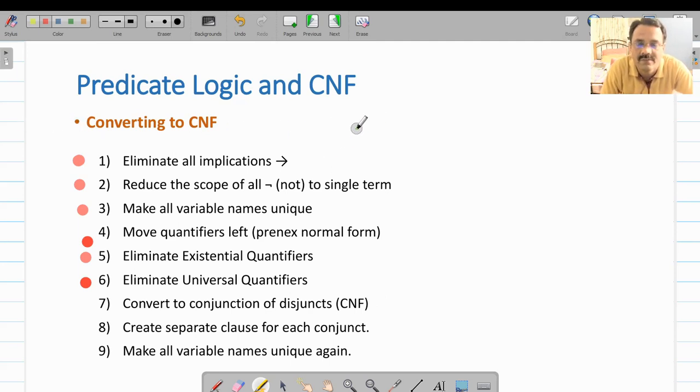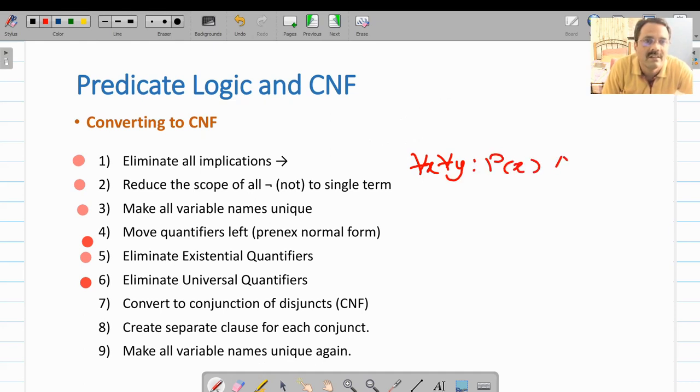Suppose we have for all x, for all y, P of x and Q of y.